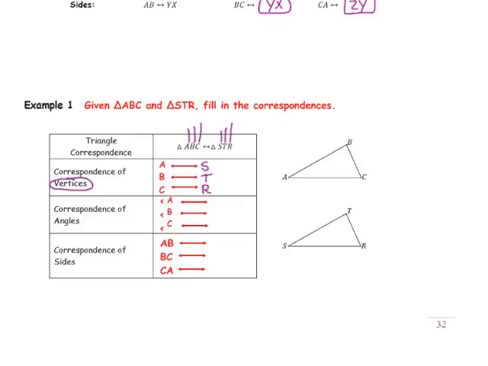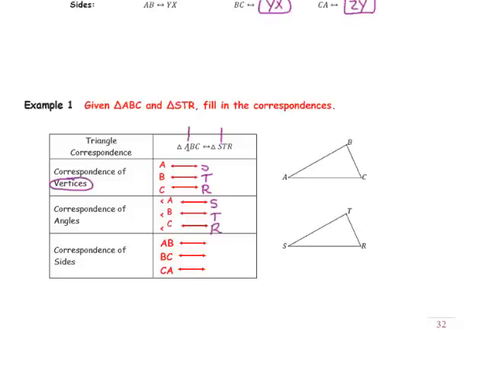Next is correspondence of angles. We have angle A, and it's the first angle, and it will correspond to the first angle, S. Angle B corresponds to T, and angle C corresponds to R. Correspondence of sides.